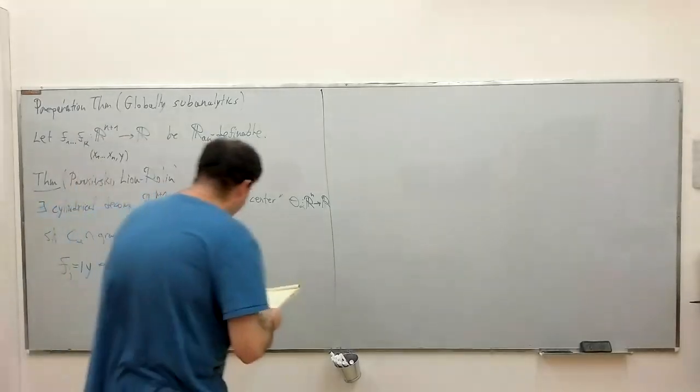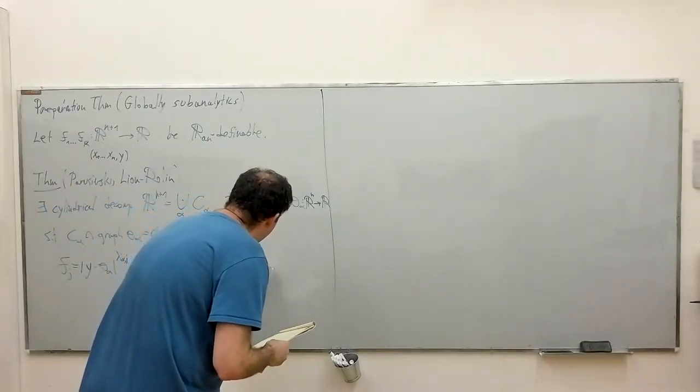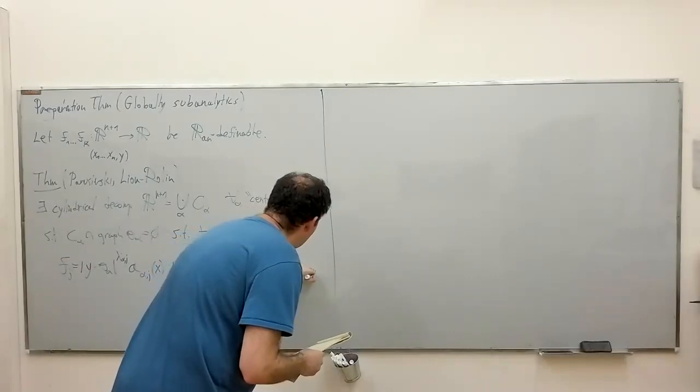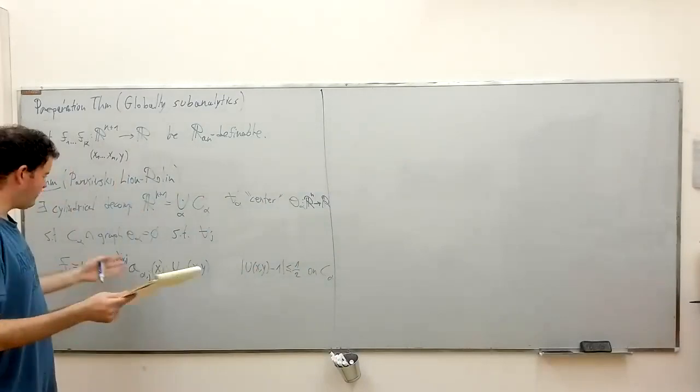And this unit I want to satisfy |u(x,y) - 1| < 1/2 on C alpha.